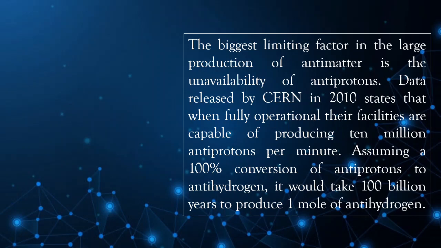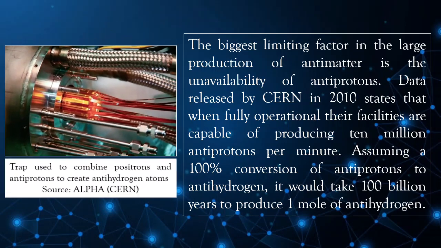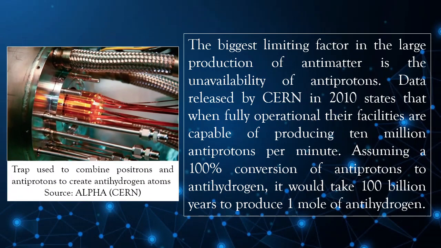Assuming a 100% conversion of antiprotons to antihydrogen, it would take 100 billion years to produce just 1 mole of antihydrogen. Here is the trap used to combine positrons and antiprotons to create antihydrogen atoms.